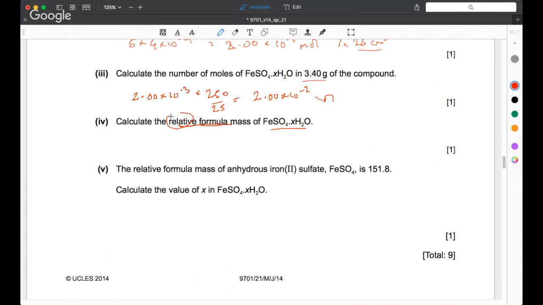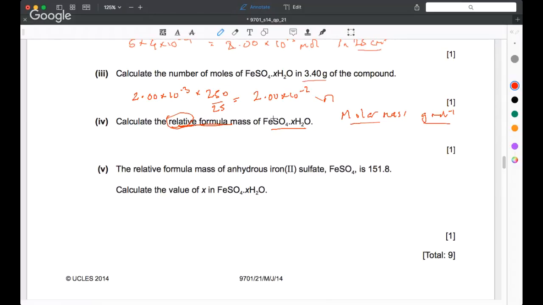Again, it's a comparison back to 1/12 of the mass of the carbon-12 atom that we had earlier on. But you need to know that to get a relative formula mass, you can just work out the molar mass, that's units of grams per mole, and then these relative masses are the same as the molar masses, but without units, because they're relative, and these are described in units of grams per mole.